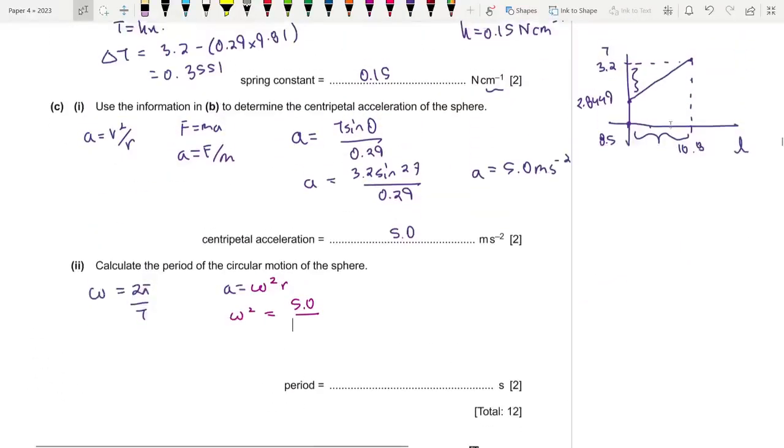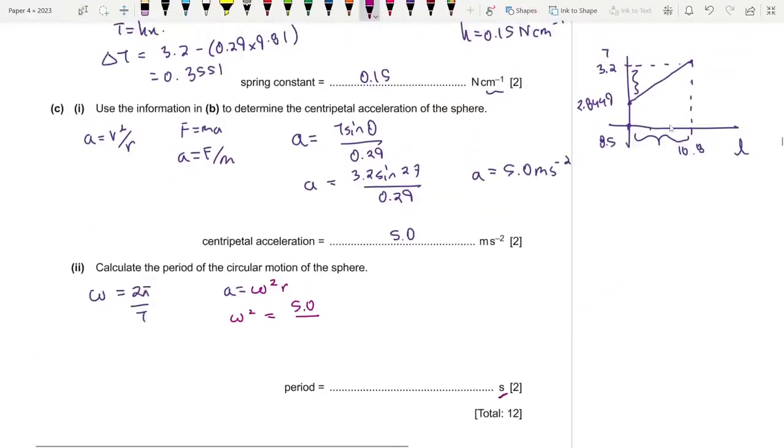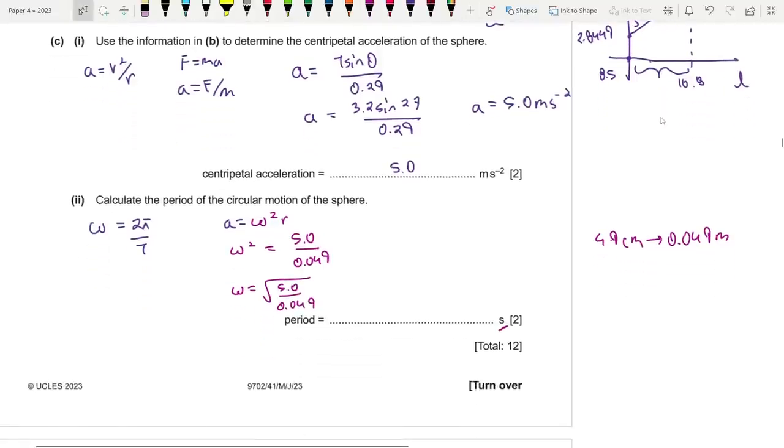4.9 centimeters. Okay, but since this is in seconds, we need to convert this to meters. 0.049 meter. So omega is equal to root over 5.0 divided by 0.049. Fine. Now, if you input this here, T is actually equal to 2 pi by omega.